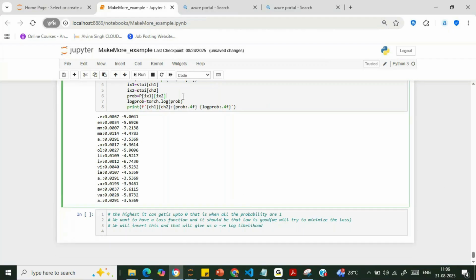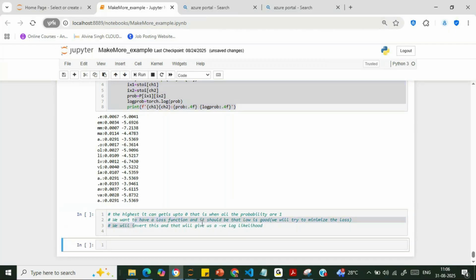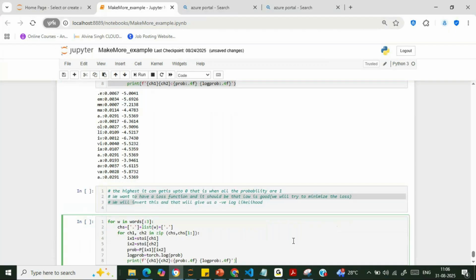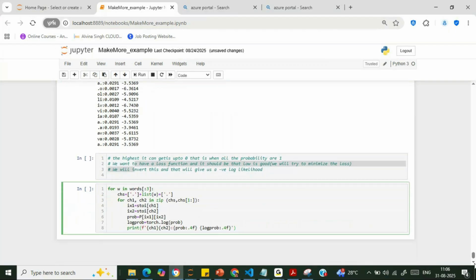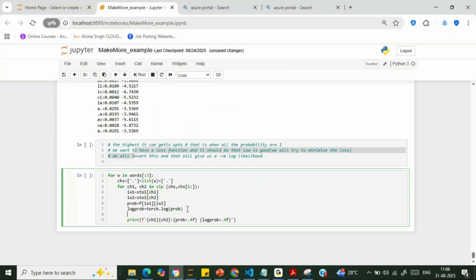So I just copy this and paste it over here, and it will be log probability, or NLL, negative log likelihood, equal to minus of log likelihood. Log probability or log likelihood, both are same.